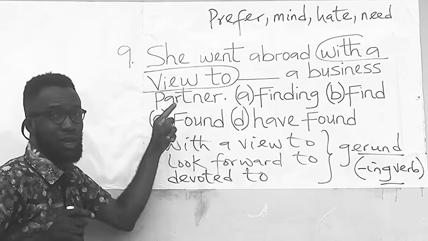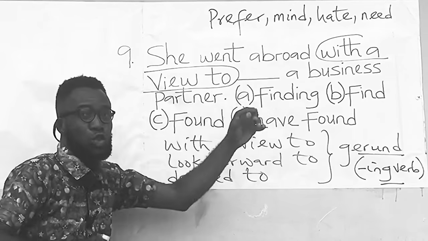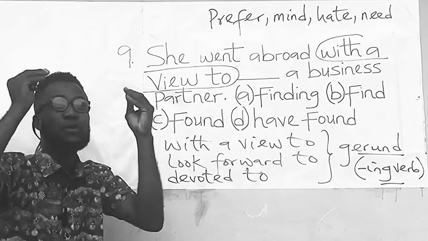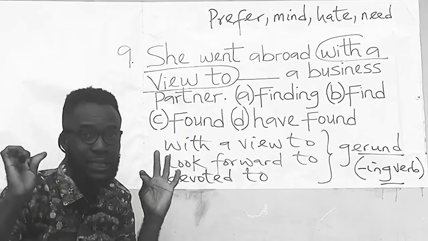Insofar as this question contains the phrase "with a view to", the gap should be filled with a gerund, a verb that ends with ing, though playing the role of a noun.